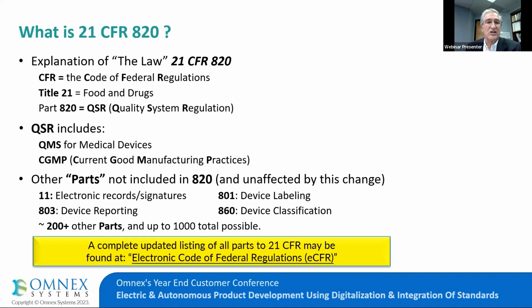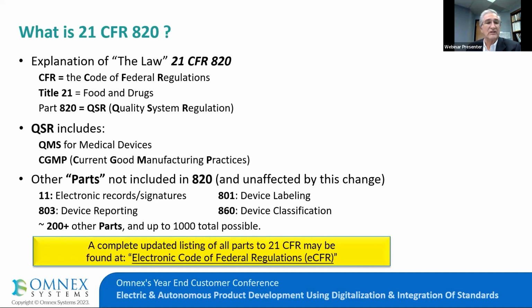CFR is the Code of Federal Regulations, which is law in the United States. Title 21 refers to the section that handles foods, and Part 820 is one part of Title 21, which talks about quality system regulations.